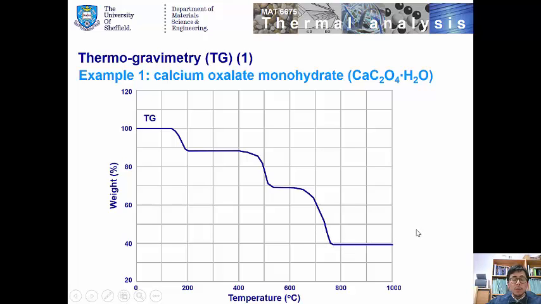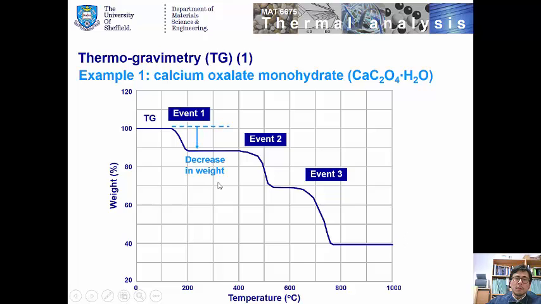So as an example, it's a very good one. You can see, starting from the original weight, it changes through 3 different events. So decrease in weight can be seen very clearly.